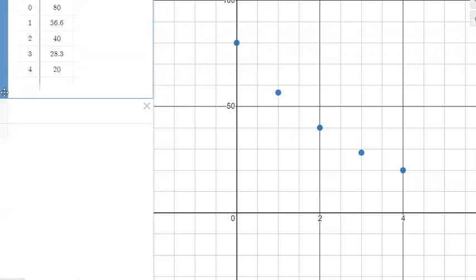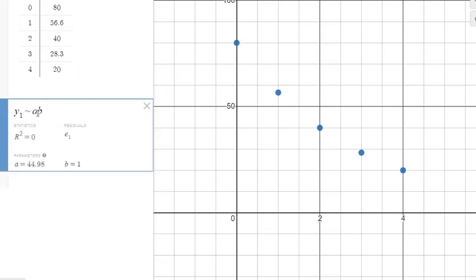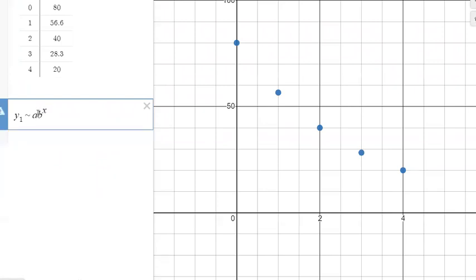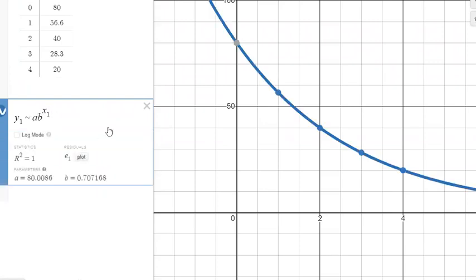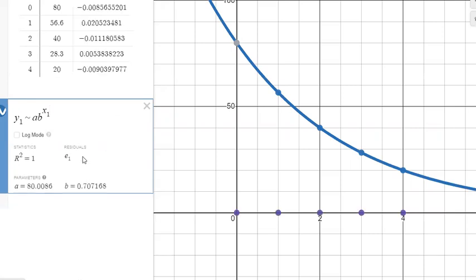So if you hit zoom fit, you can see all the dots right where they should be. So now I'm going to do my regression, y1 squiggle ab to the power of x1. And that's my line. And I can plot my residuals down there.